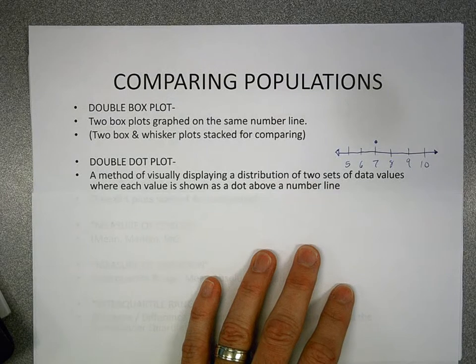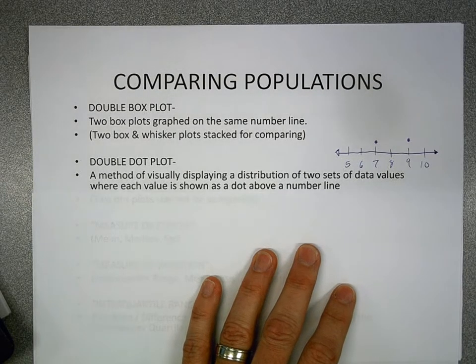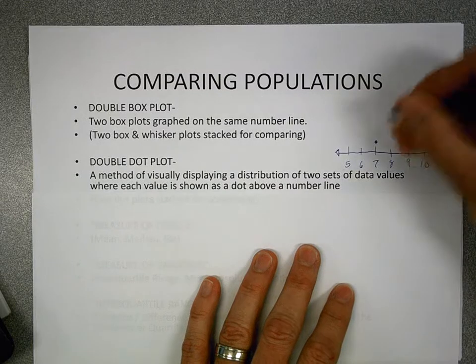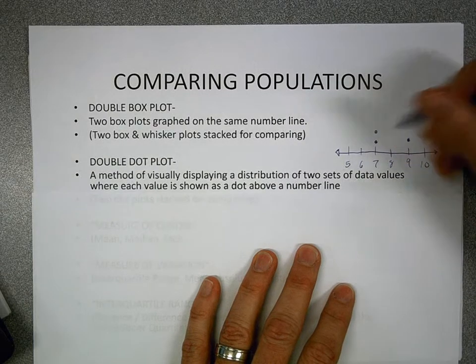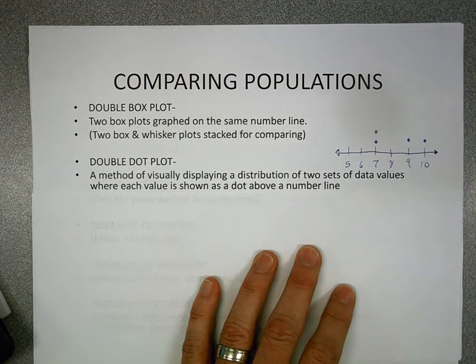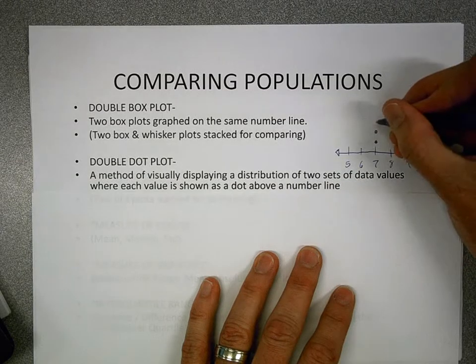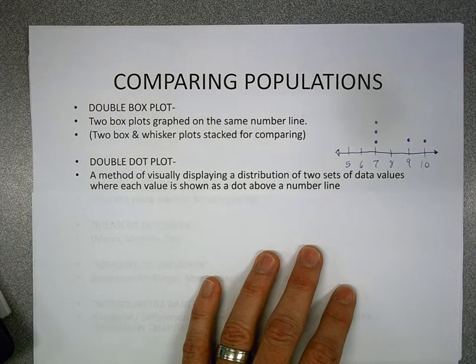Another person downloaded 9 songs. The third person we survey says, I downloaded 7 songs. Then someone downloaded 10 songs. Then the 5th person said, I downloaded 7 songs. That's what a dot plot looks like.